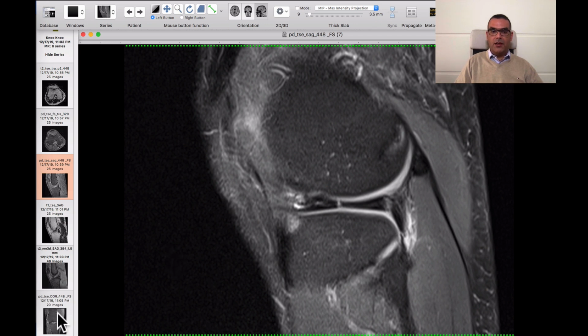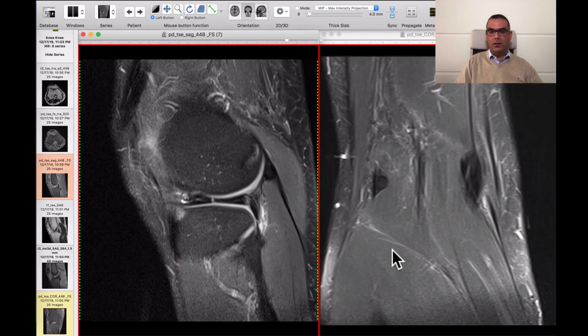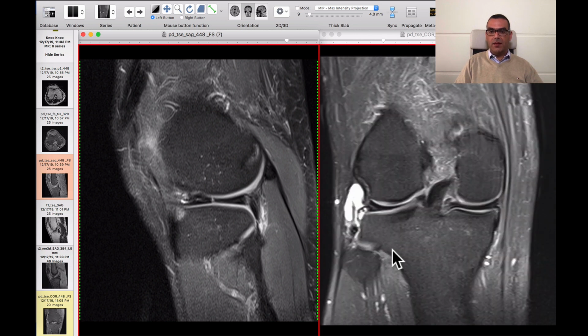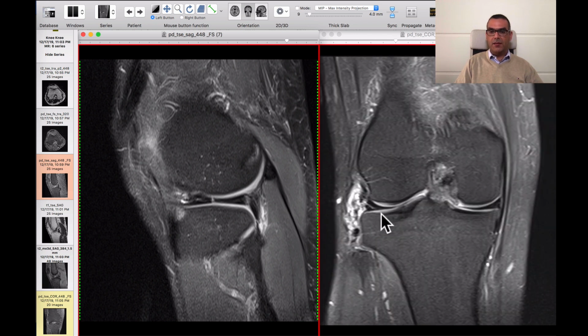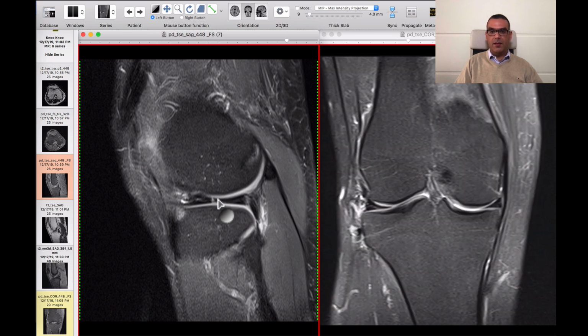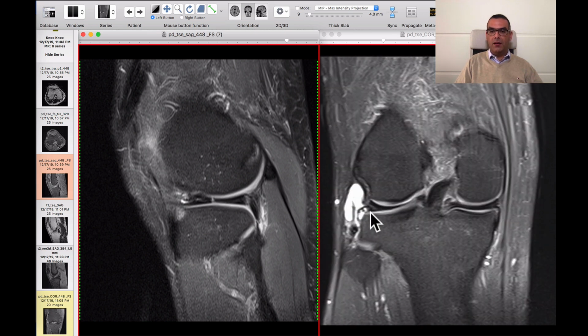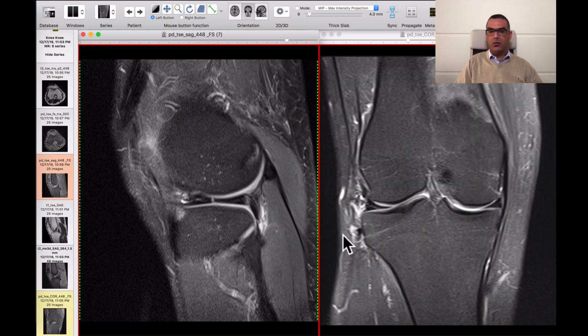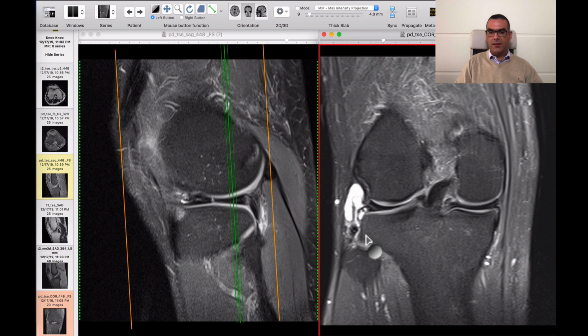And if we put the sagittal with the coronal side by side, you will clearly see that this is a parameniscal cyst. So the tear is at the meniscal body, and this tear continues with a small interruption at the meniscal base, and this is actually a parameniscal cyst.